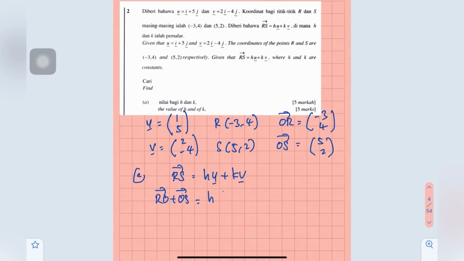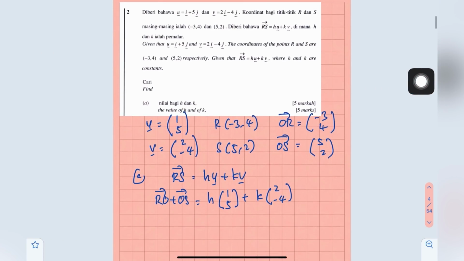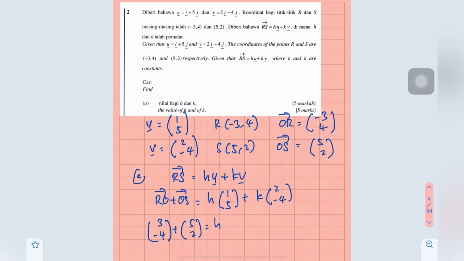Okay, u kita ada tadi 1, 5. Kita masukkan. v is 2, negative 4. Okay, RO. Okay, this one kita ada OR. So kalau RO kita negatifkan lah, opposite direction. So 3, negative 4 plus OS sama direction, 5, 2 equals h, 5h plus 2k, negative 4k.